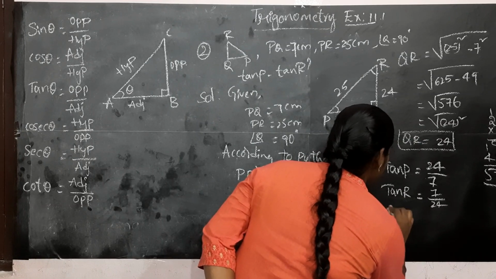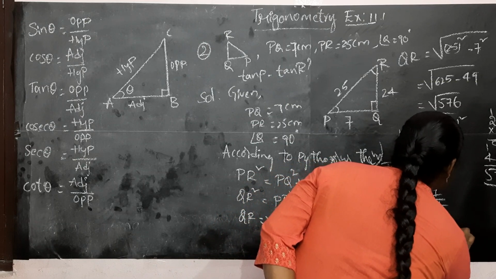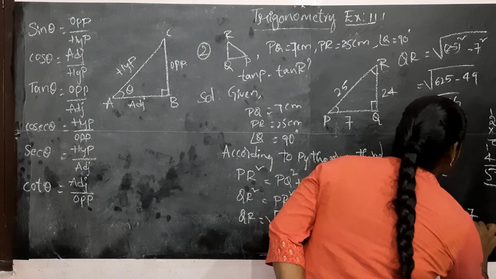Now, can you guys sort out tan P minus tan R? Yes, tan P minus tan R is nothing but 24 by 7 minus 7 by 24.